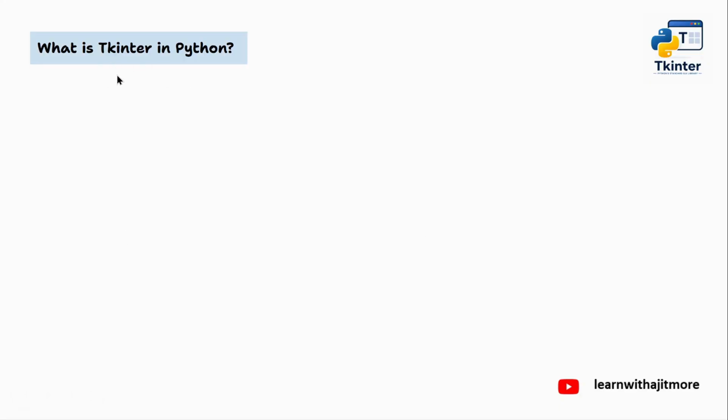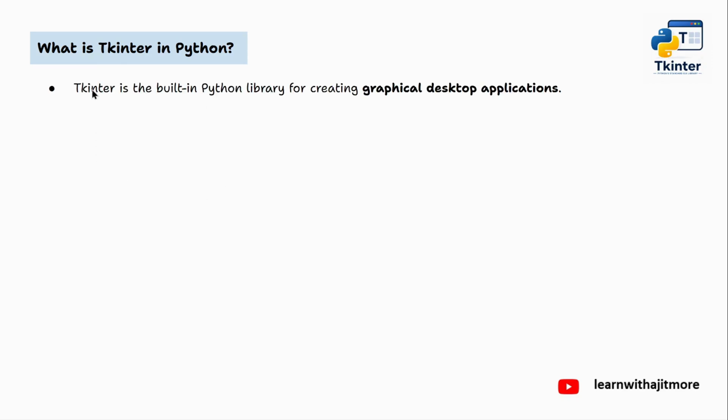As I said, this is an inbuilt library. Tkinter is the built-in Python library for creating graphical desktop applications. And what are graphical desktop applications? Applications which, when you run them, give you an output in the form of a window, and within that window there are many UI elements like buttons, checkboxes, radio buttons, drop down boxes.